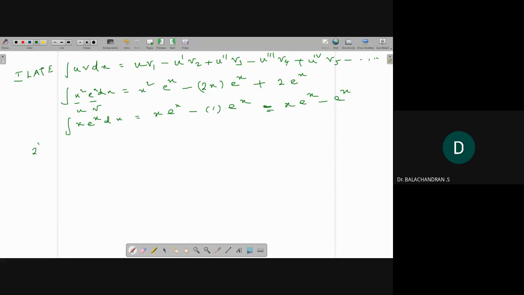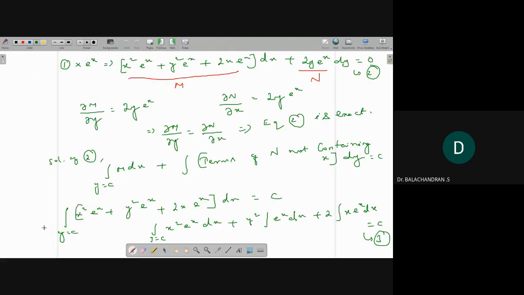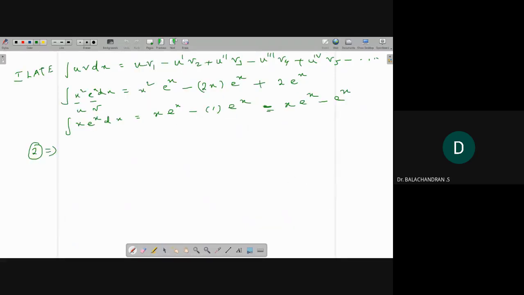Equation 2 implies the left hand side is the first integral, second integral, third integral. For the first and third, I am going to use these results. For the first integral, I am going to use x square e power x minus 2x e power x plus 2 into e power x.